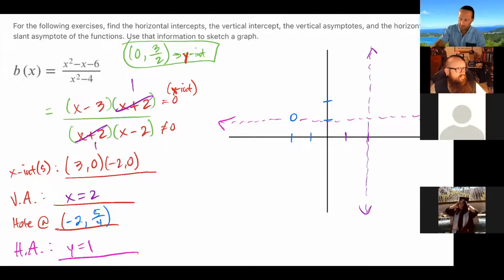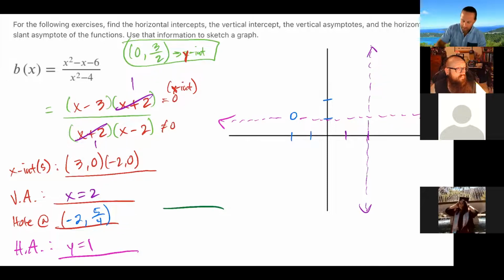So what else can we do to graph this? Well, I'm going to draw a quick little number line, and I'm going to test some points, because I know that these were my issues, my domain, and those were at -2 and +2. So I know that it's cut into basically 3 different sections. And remember, since these are x's, we're looking for our y values. And we want to know, are our y values positive or negative?